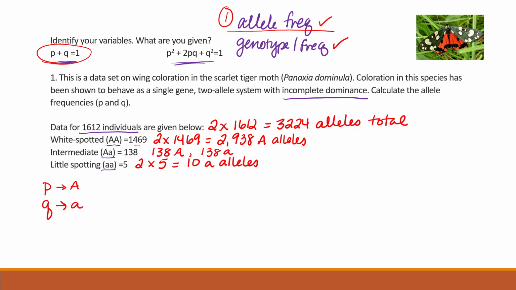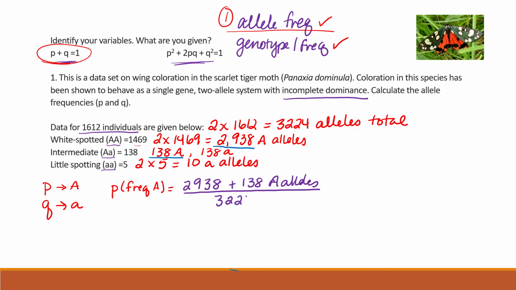Now it's just a matter of totaling our alleles. So P is the frequency of the big A allele, which is going to be 2,938 plus 138 big A alleles divided by our total number of alleles, which is 3,224 alleles all together in the population.